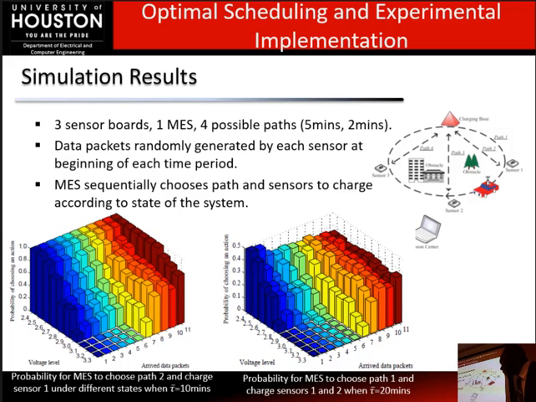When the voltage level across sensor 1 is high, the mobile energy station obviously will not go and charge it, so it will just travel and charge sensor 2 and sensor 3. If the data packet rate sent by sensor 1 is high, obviously it will charge it. And if the voltage level across the supercapacitor of this sensor is getting low, the probability to be selected and charged is also going to be high.